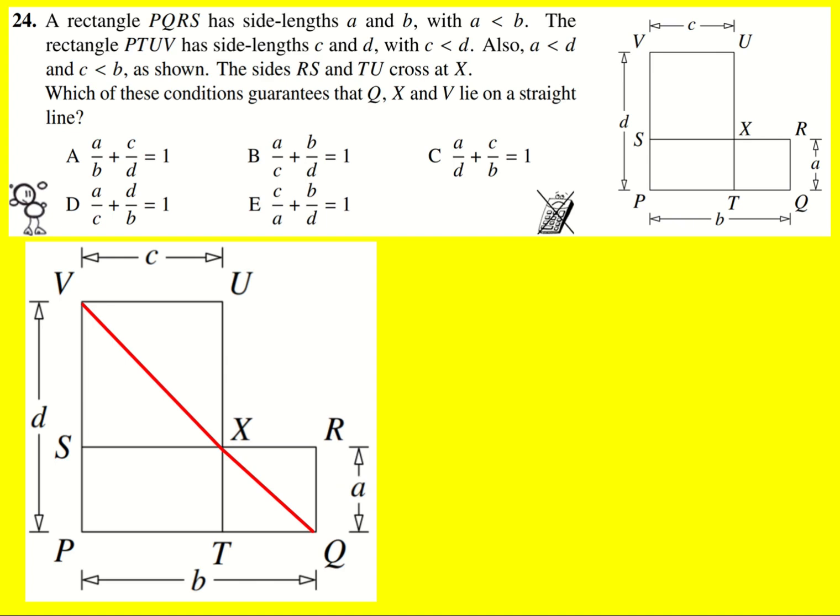And the way to do this really is to look at the gradient of either Vx, xq, or Vq and compare two of them. So actually you can decide which one you use. In fact, going with VQ is a good shout.